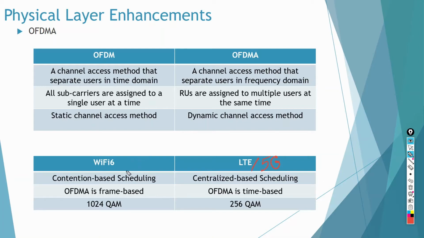Access to the medium within Wi-Fi is contention based, whereas in LTE it is centralized. Contention based means that, as you remember, each station in a Wi-Fi channel has to do LBT, listen before talk, and the politeness that we already talked about.